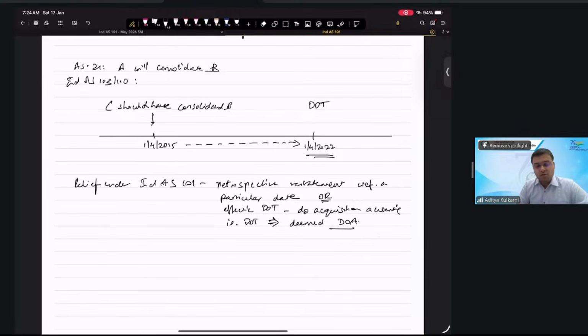Are you able to follow? Yes. So a restatement is not a simple one-time activity. It comes with a plethora of future activities that need to be carried out. It's a cascading effect. So therefore, there is a relief that is given under Ind AS 101.